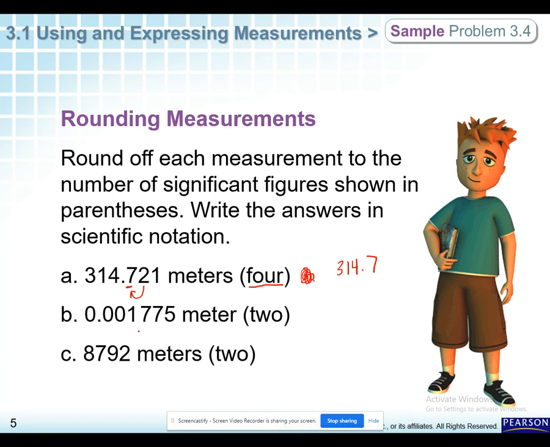On letter B, again, we need 2 sig figs. So we're going to start from the left. So here we have 0. It's not our first non-zero digit, so we can keep it. 0, 0. The reason we can keep those is because they're place values. They don't count as sig figs since they are leading zeros.